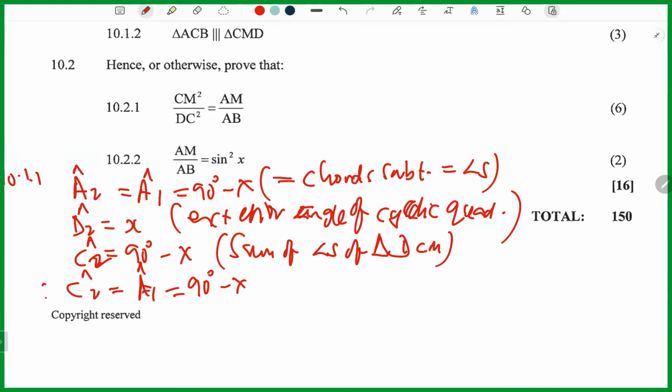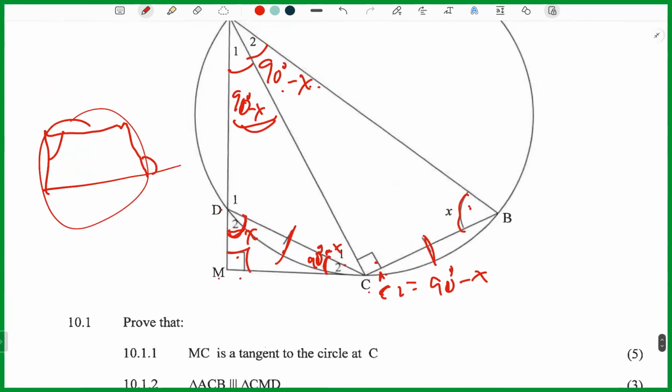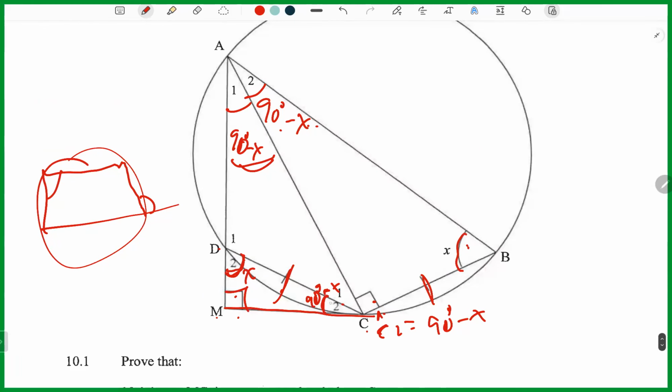And the conclusion is that MC is a tangent to the circle at C, because if this one is a tangent, it means this angle M2 is equal to that angle there.